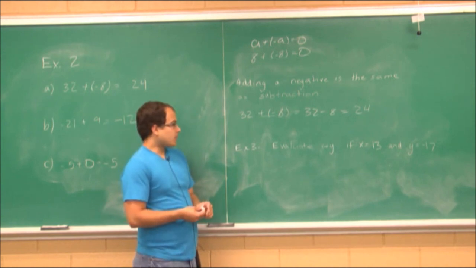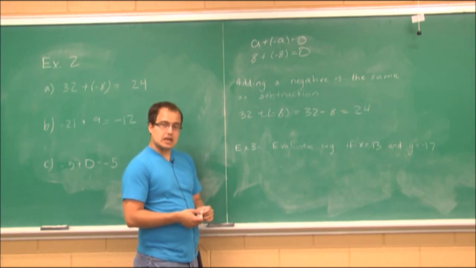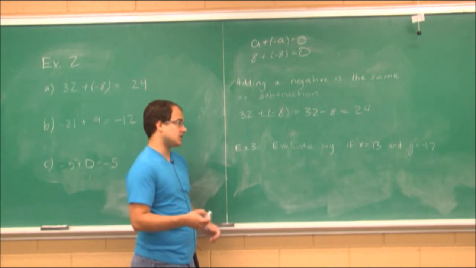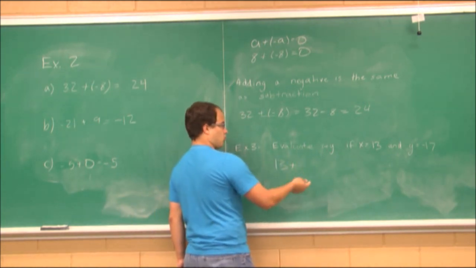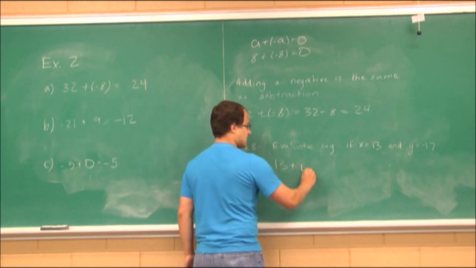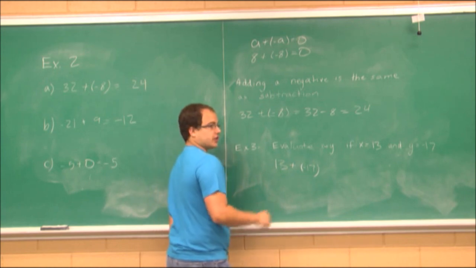Now, example 3. Evaluate x plus y if x equals 13 and y equals negative 17. So 13 plus y, which was negative 17. Again, I have two signs right next to each other.